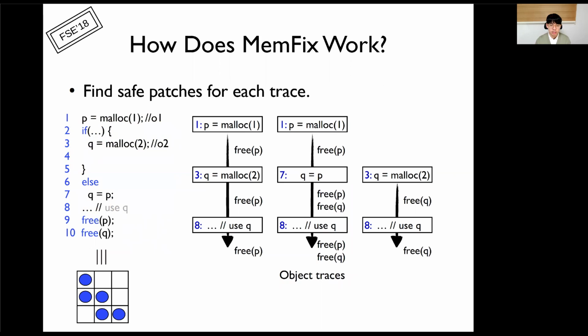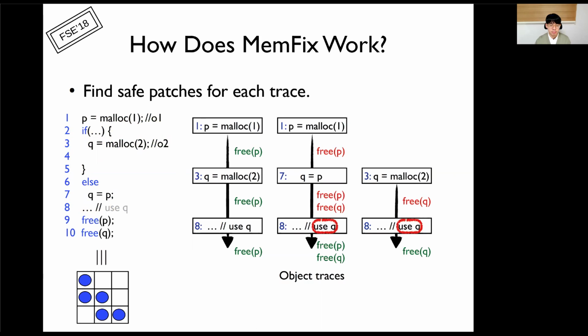In this way, MemFix enumerates possible patches for each trace respectively. For example, for the third trace, we can add the free statement free Q after line 3 and after line 8.